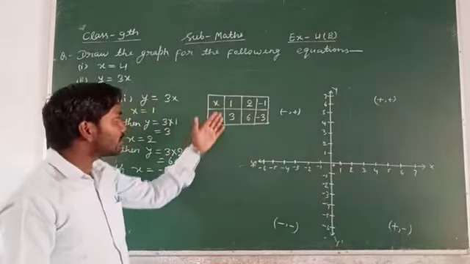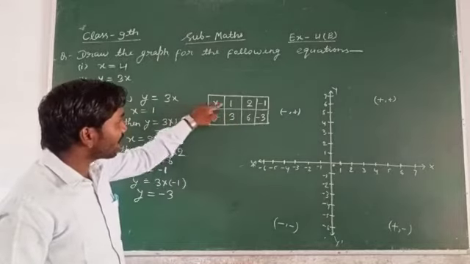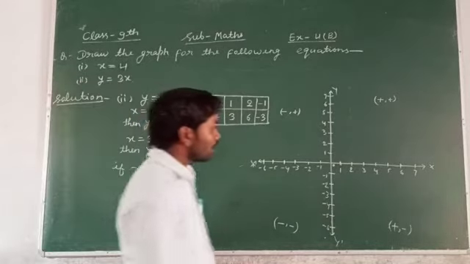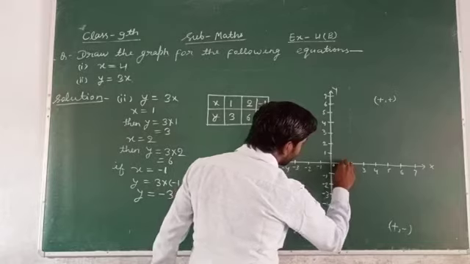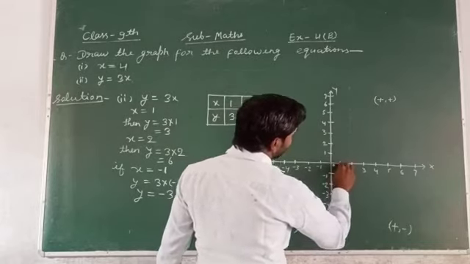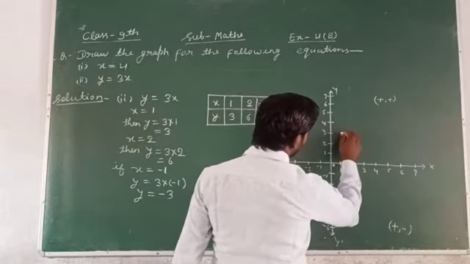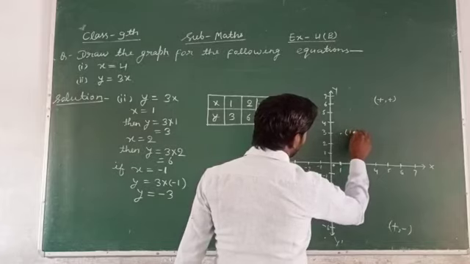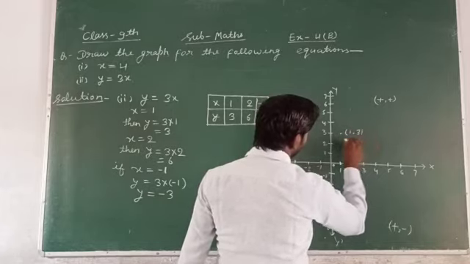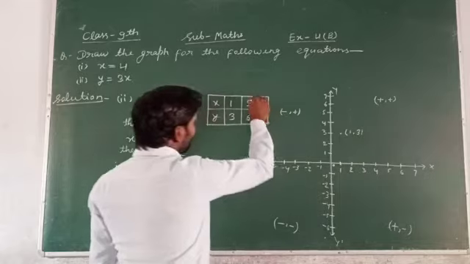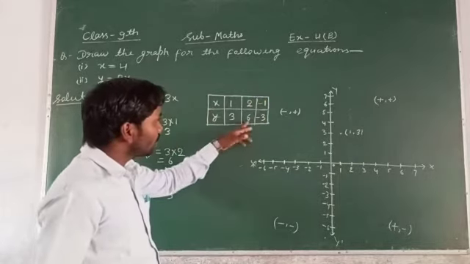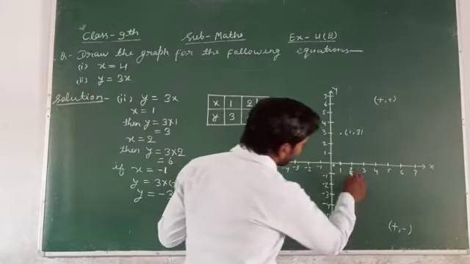So now we will plot these points. If x is equal to 1, then y is equal to 3. So here it is x is equal to 1. In this case y is equal to 3. So this point will be 1, 3. If x is equal to 2, then y is equal to 6.